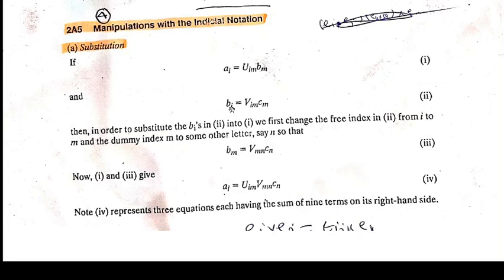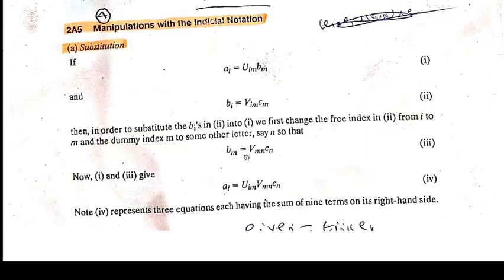In the second equation i is a free index, so when we change this i to m, we have to also change this i on the right hand side of the second equation. So here it would be m. If here it is m, then we already have two m's in the second equation, so we cannot write m again. So we will change this m to another index, n.